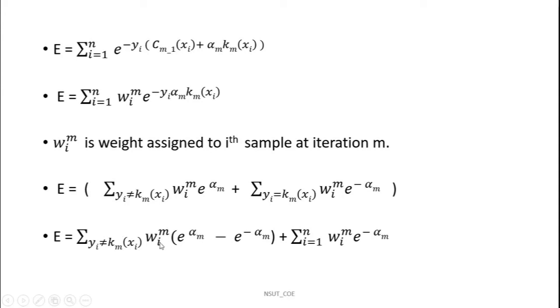Now in this equation we can see clearly that the only term that is dependent on km, the weak classifier, is this particular term, summation Wim where yi is not equal to km xi. So only this particular term depends on km in the error function equation.